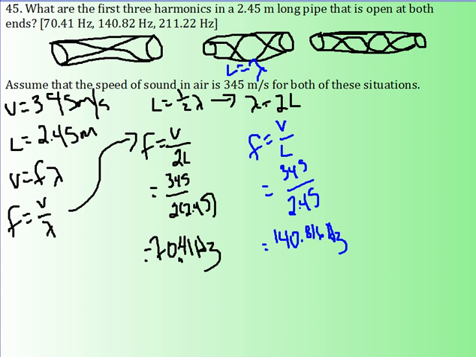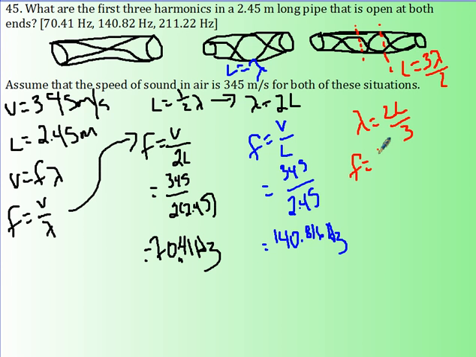Now let's look at this one. The third one, let's see. All right, that is 1/2 of a wavelength. There's a whole wavelength. So here L is 3 lambda over 2. So lambda is 2L over 3.